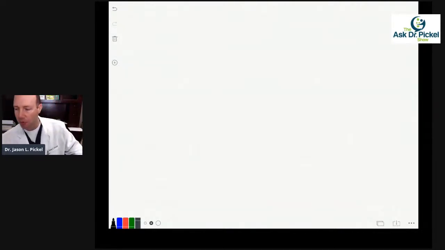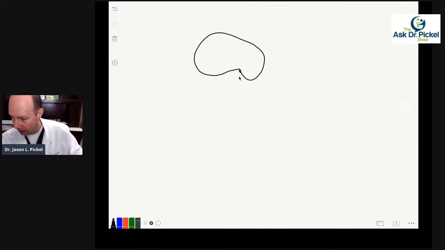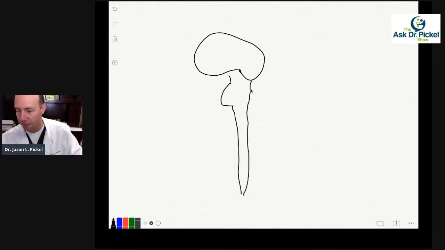All right, so dopamine is made in a few different areas. The first thing we want to look at is the brain, and then we have the brainstem and the spinal cord. So we've got the brain up here, then the brainstem here, and then of course the spinal cord here.